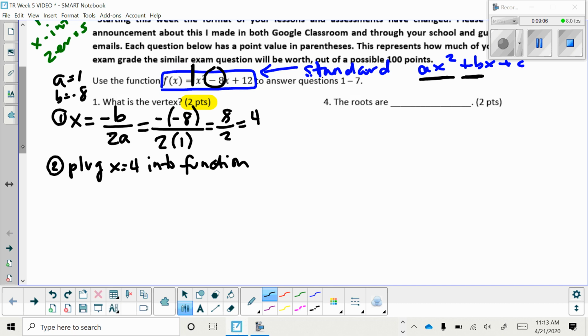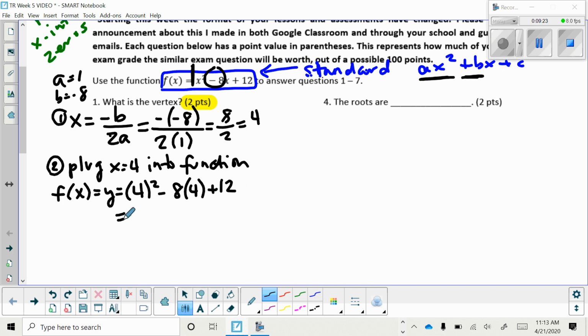So f of x, and remember that f of x is just another way of writing y, equals x squared, but x I know now is 4, minus 8 times x, now x is 4, plus 12.